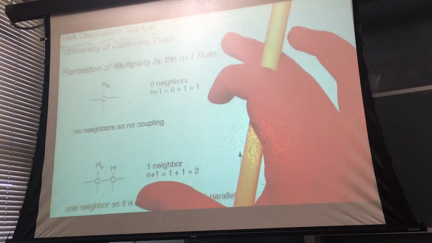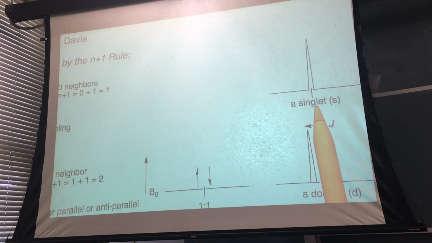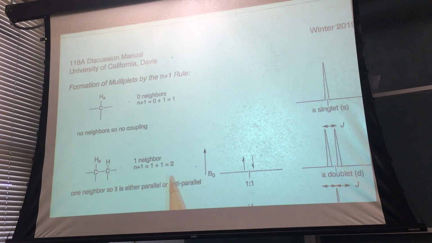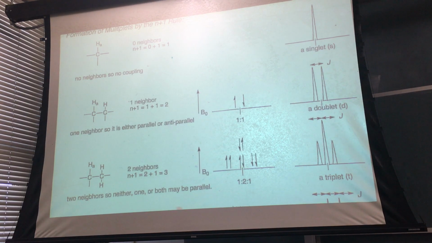When you don't have neighbors, your peak is your peak itself. It's a singlet. When you have one neighbor, because your neighbor is going to be spin up and spin down, you are going to be separated into two peaks, and the average of those two peaks should be your original singlet. Does that make sense? And if you have two neighbors, that's 1, 2, 1.